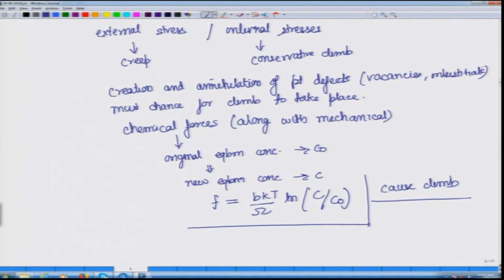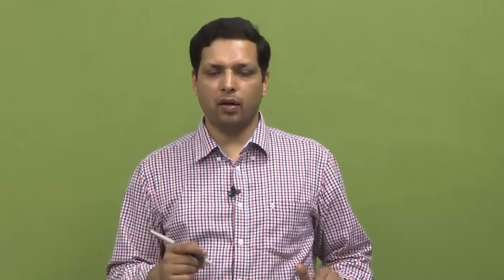So, now we have looked at the fundamental derivation of forces that can cause the glide motion and the forces that can cause the climb motion. These are the two primary ways that a dislocation makes a movement. Now, when the dislocations are moving, then you can realize that they will also interact.